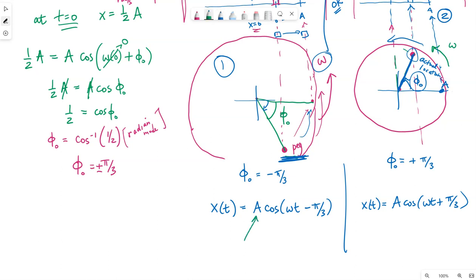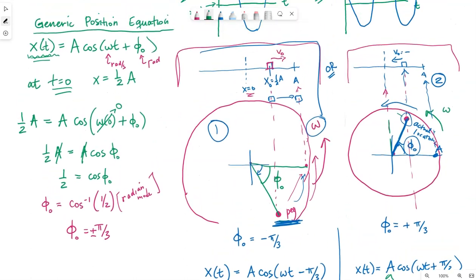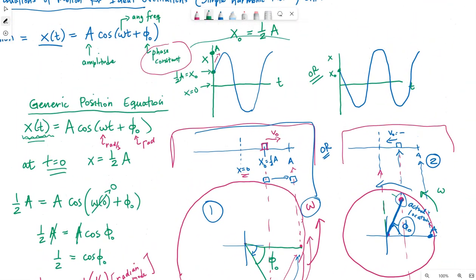Now, amplitude in either situation would need to come from the graph or the wording of the problem. So if we were given a graph, like I drew up here, we would be able to read this actual value on that vertical axis and figure out from that what the amplitude is, the maximum distance, either up or down, that the mass has moved from equilibrium.